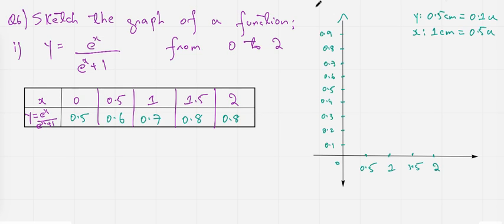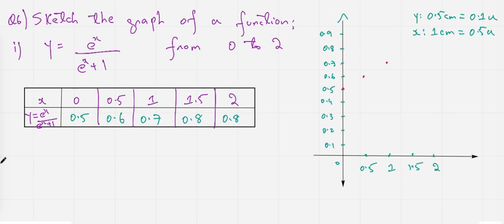Once we plot the values, you see at 0 I'm having 0.5, must use a different color. So at 0 I'm having 0.5, so the value is here. At 0.5 I'm having 0.6, the value comes a little here. At 1 I'm having 0.7, it goes a little here.